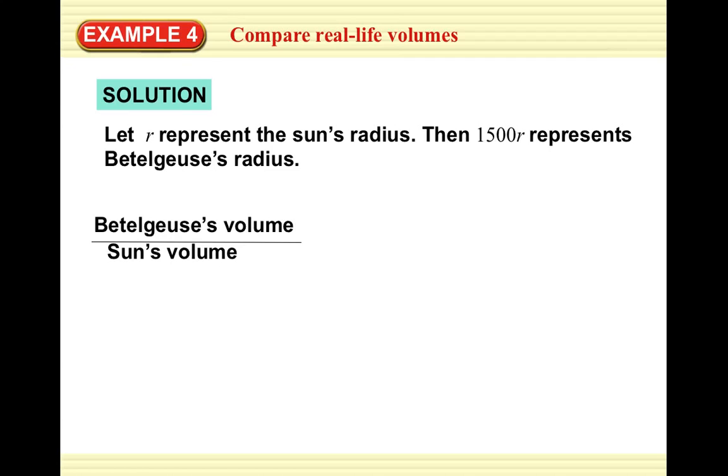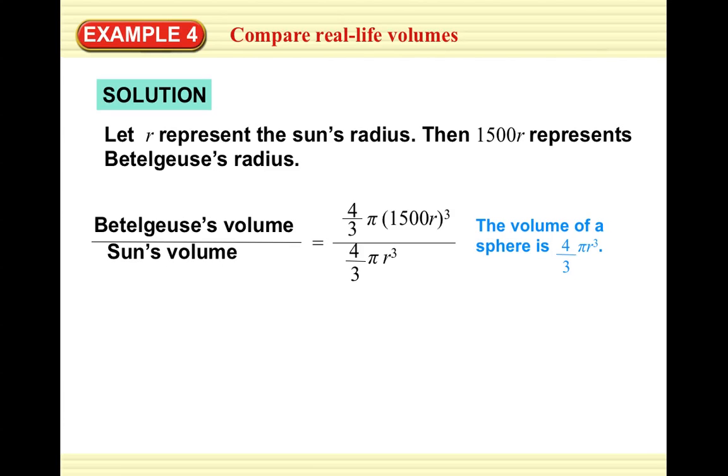So then set up the ratio of Betelgeuse's volume to the sun's volume, and we know the formula, although we didn't practice it in geometry this year, we'll do it next year. The volume of the sphere is 4/3 times pi times r to the 3rd power. So we can substitute that in, and then the r that's in the volume formula, we would replace with the radius that is in our formula. So Betelgeuse's volume, the radius would be 1,500 r, and then r to the third power.